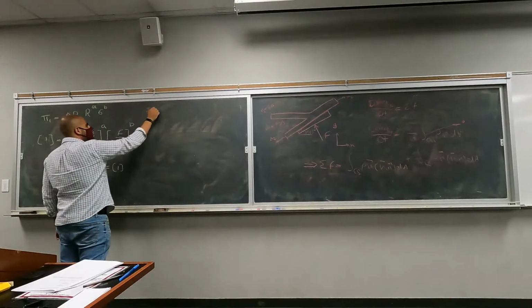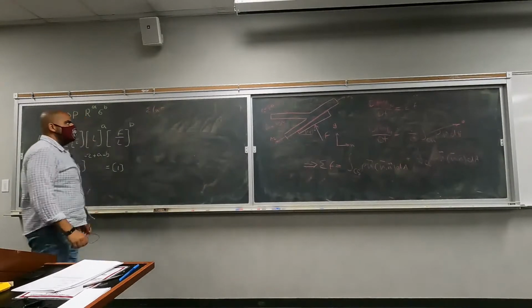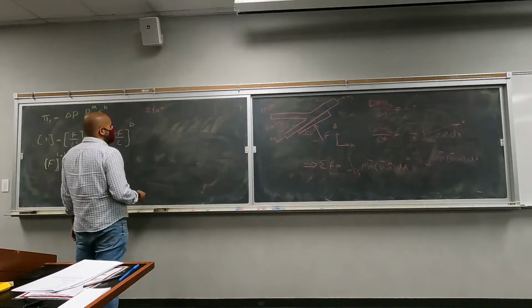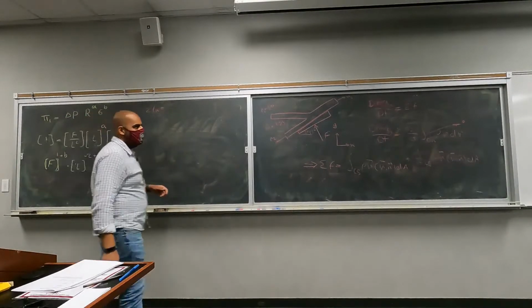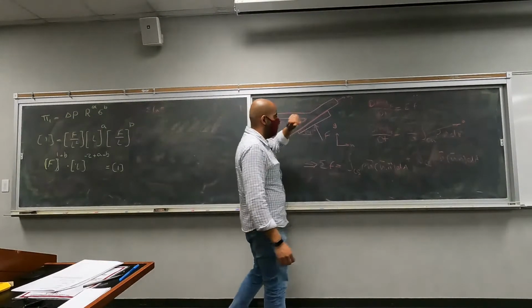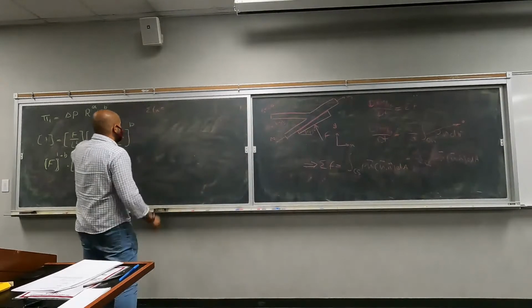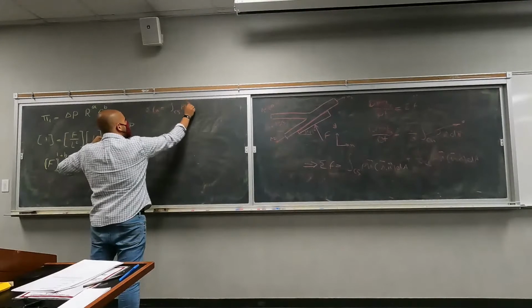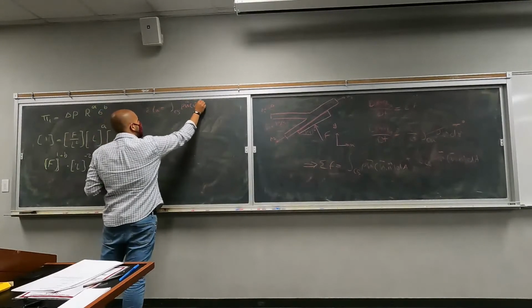Sigma f of x is supposed to be stationary, so it has to counteract this force, the force of the linear momentum. So integral of rho v, again, vn dA.